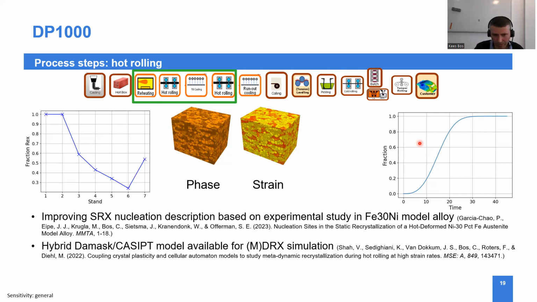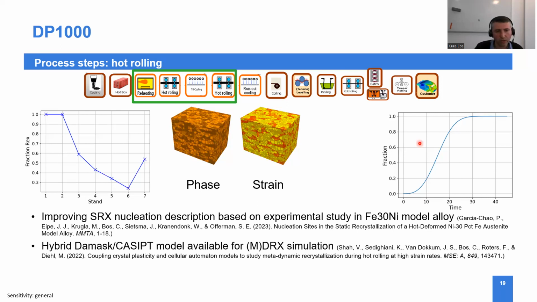Also, something that I cannot show in the limited time that I have, but we also developed a hybrid model with Damask, where we describe the rolling deformation with CASIPT. So we actually can also describe dynamic recrystallization. Of course, as we use Damask, these calculations become quite intensive. So yes, we can do it, but it's still a challenging task computationally.